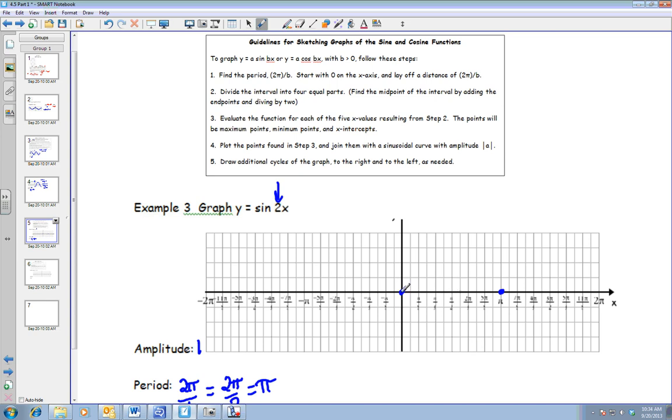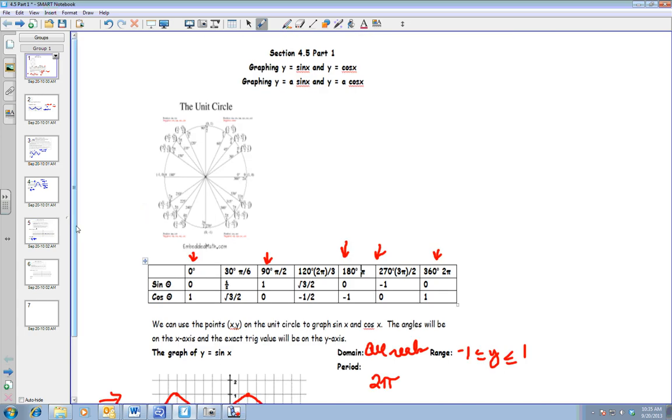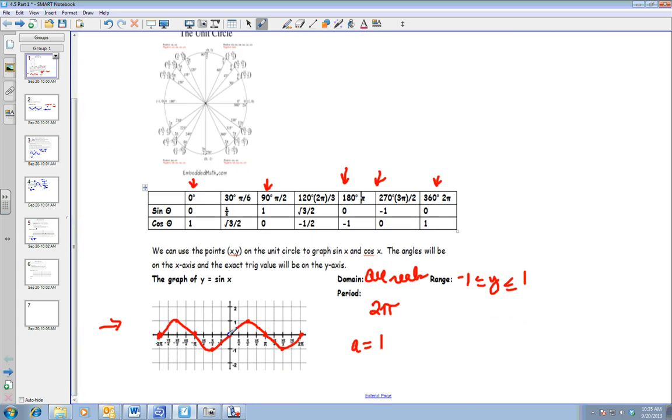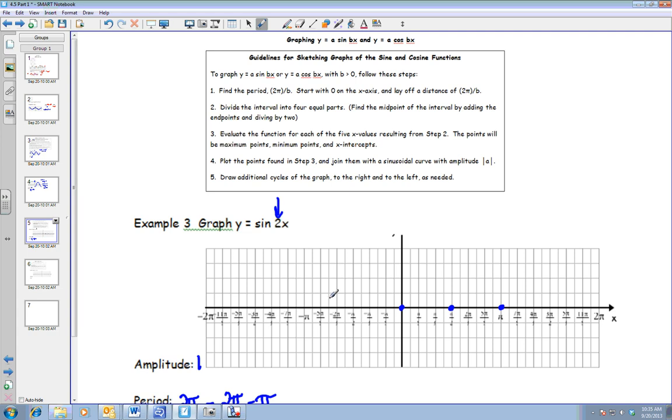So now if I'm going from 0 to pi, the middle is pi over 2, and I know my midpoint is 0. Because if we look back at sine, see how my starting point was 0, my midpoint was 0, my end point was 0. So that's what I just did. Starting point, midpoint, end point. Because now I'm going to end at pi.